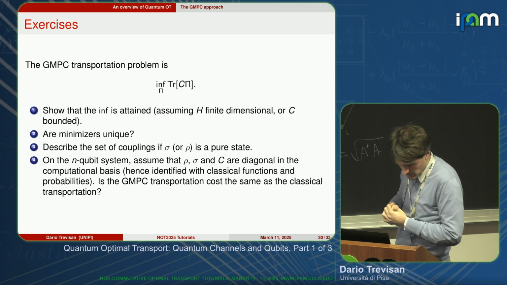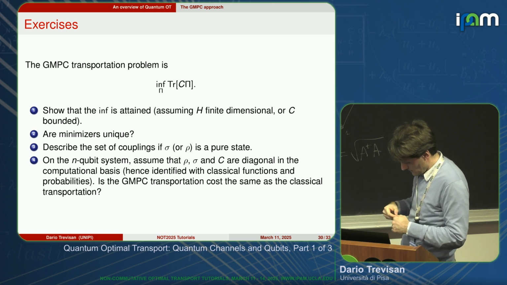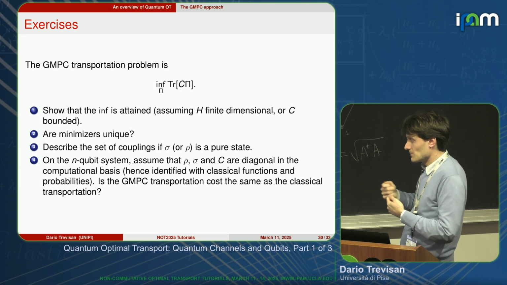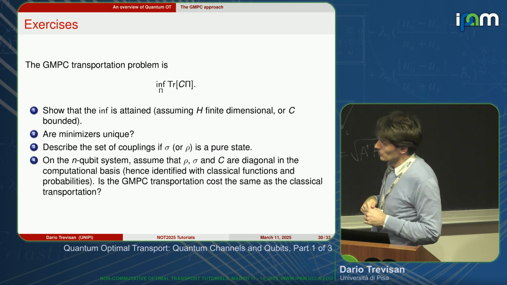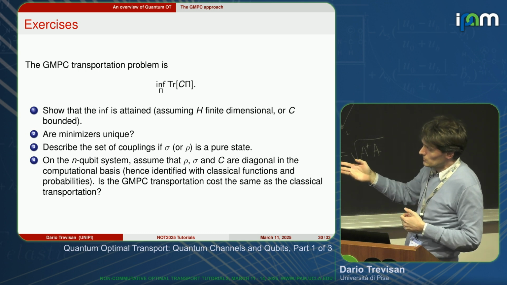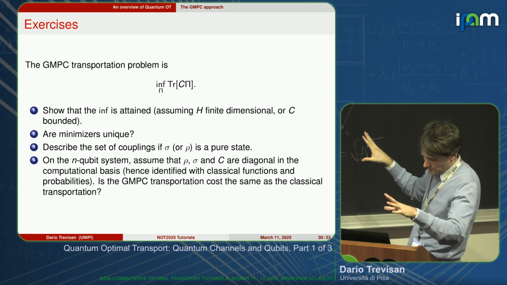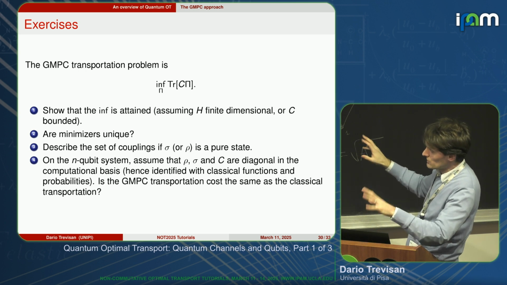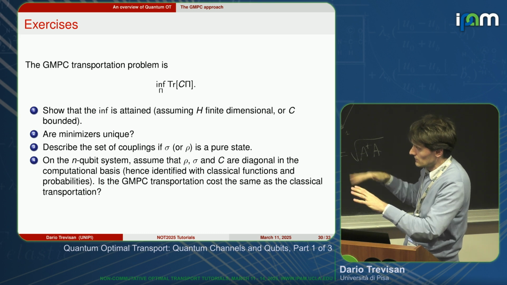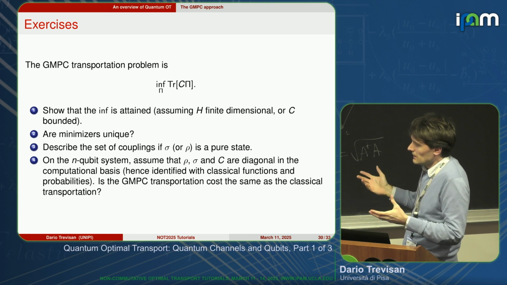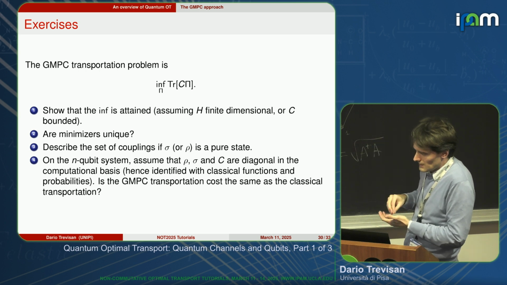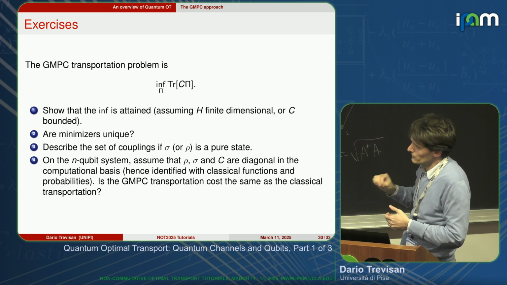And finally, this is an interesting point because there's a paper by Golse, Mouhot, Paul, and Caglioti where they show that in some cases it might be cheaper to work with this formulation with respect to the classical one. So formally, you may say, okay, you have two classical distributions and a cost which is classical, say on a qubit system, so everything is diagonal in the computational basis. In principle it could be cheaper, but it can actually be cheaper.